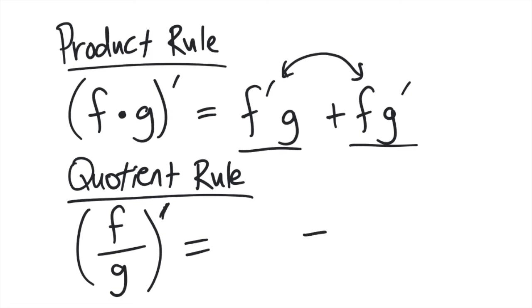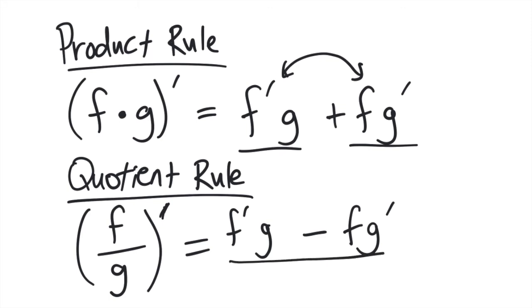So here's what the quotient rule says. It says f prime times g minus f times g prime. But now that we have a fraction, we shouldn't be surprised that we end up with a fraction as our answer. In fact, we saw this in a problem in one of the earlier videos when we had a rational function as our original function f.